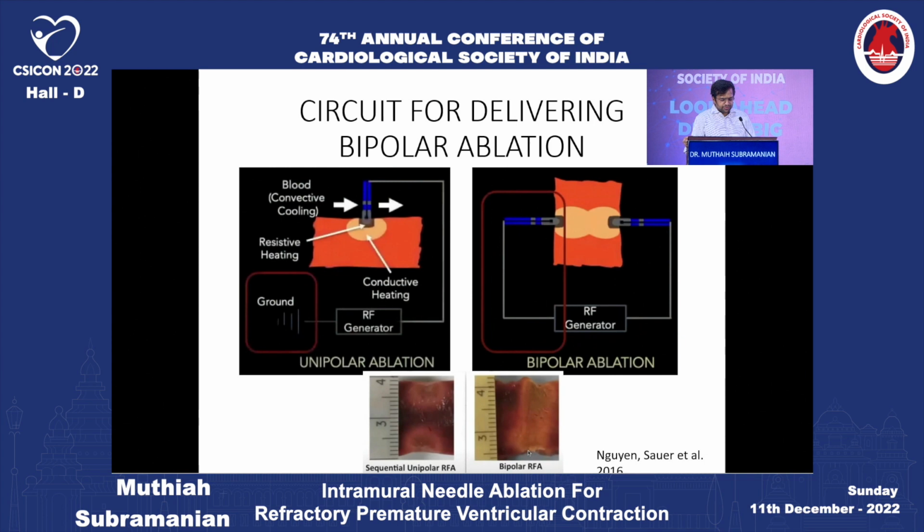And now you are having ablation from both ends. So what happens is you have this small rim of resistive heating from both sides of your ablation catheters, and this conductive heating zone sort of becomes more transmural in these patients, and that is what has been shown in this study, where you can see the lesion difference between sequential unipolar RFA and a more consistent transmural lesion when you give a bipolar RFA lesion.